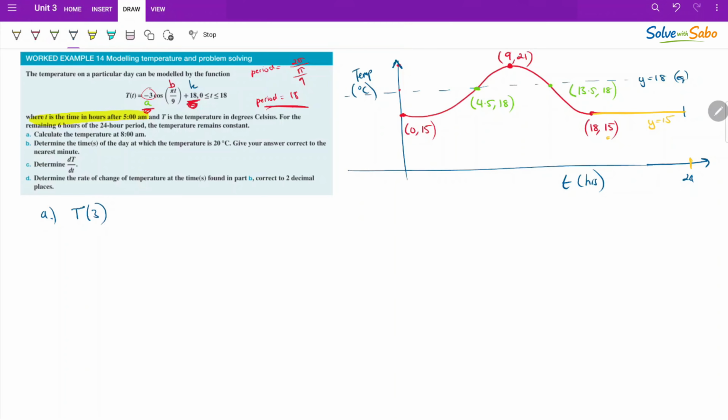So we could simply put that straight into our equation. -3 cos of pi times 3 on 9 plus 18. -3 cos pi on 3 plus 18.